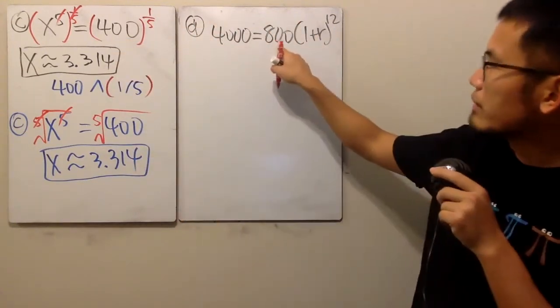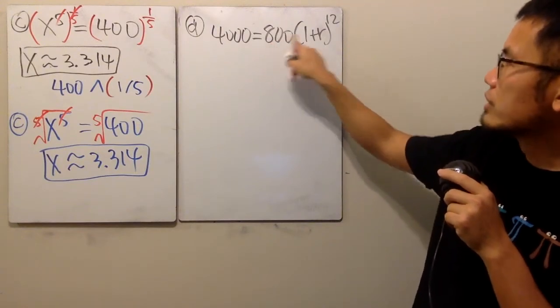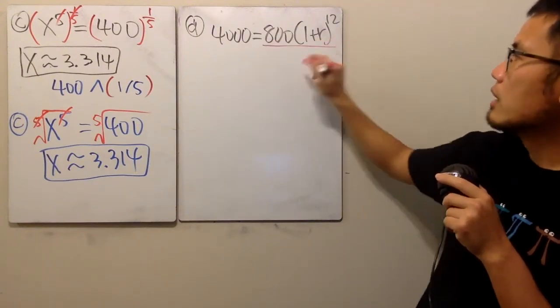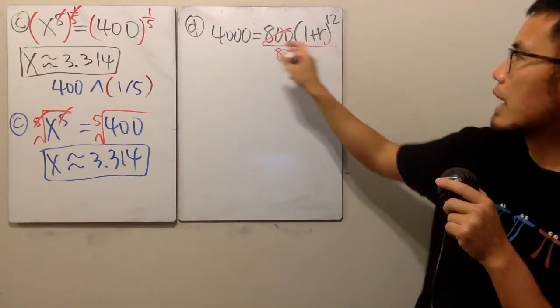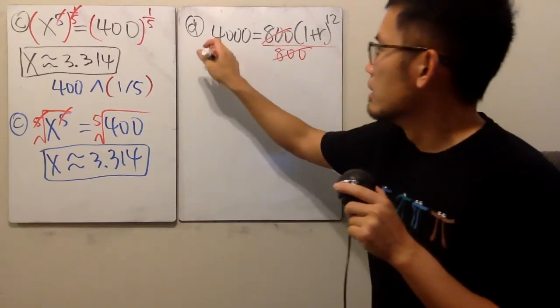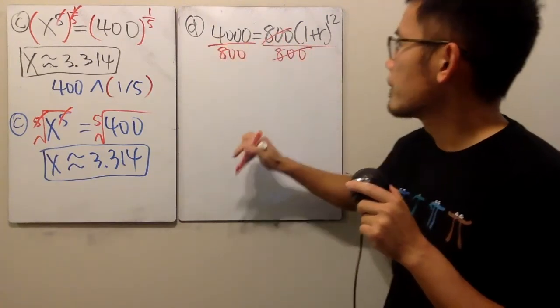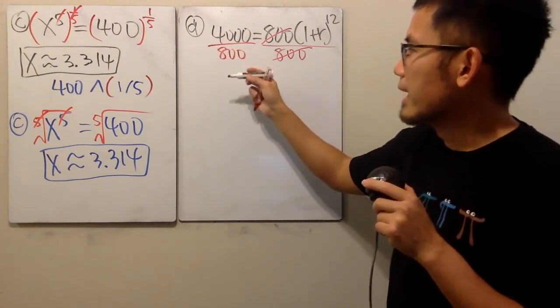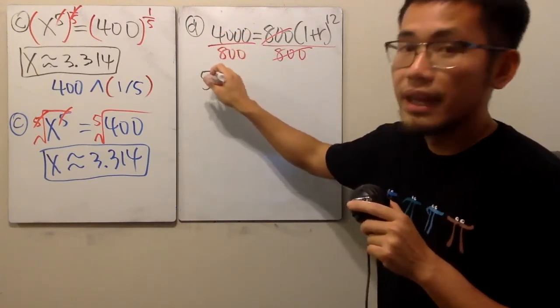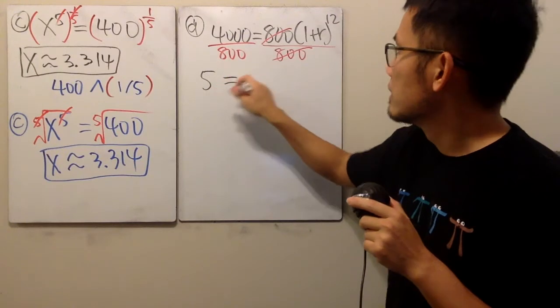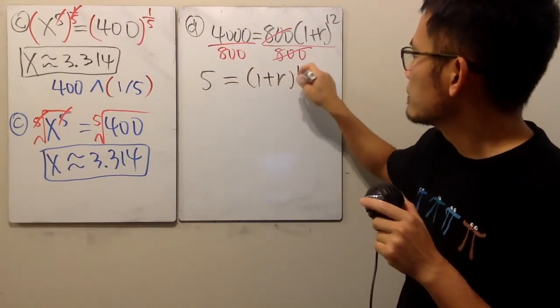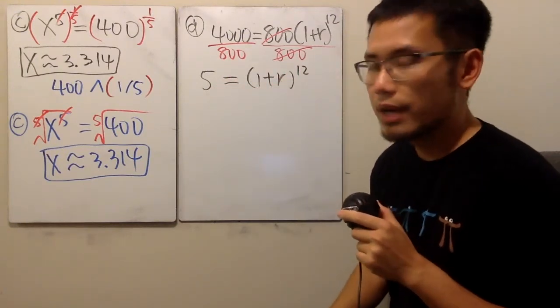First, we have to get rid of the 800. This is 800 times this quantity. Therefore, divide both sides by 800. That way, this and that will cancel. Do the same right here as well. 4,000 divided by 800 is just a 5. And then we end up with 1 plus r raised to the 12th power, right?